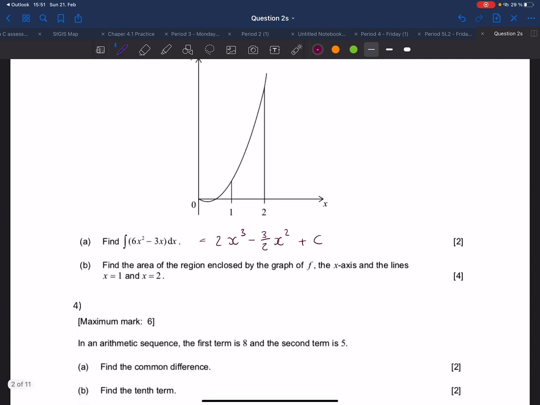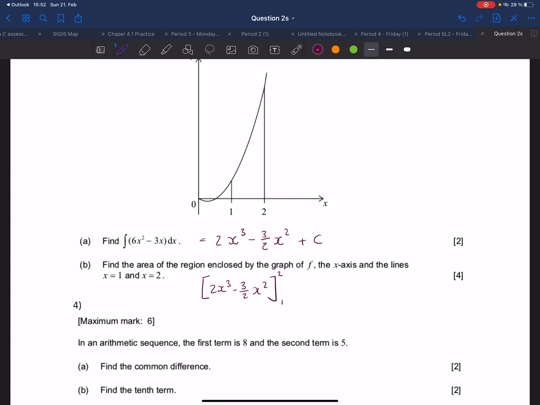After that, it asks us for the region enclosed between x equals minus 1 and x equals 2. So now we want to do our definite integration. We can use the integral we did in the first part, but now we put it in square brackets without the plus c. So 2x cubed minus 3 over 2 x squared, with the 2, the right-most value, on the top of the bracket, and the 1 on the bottom.